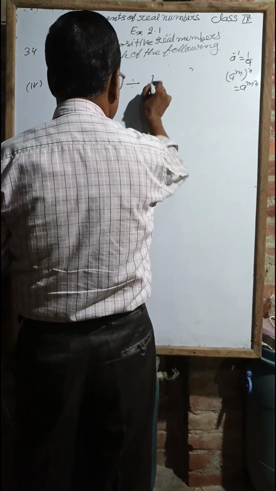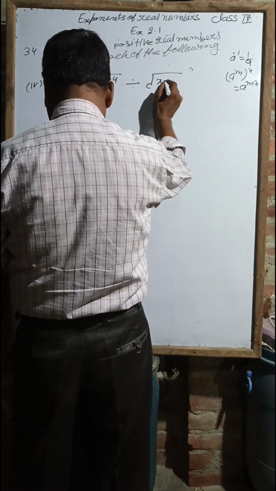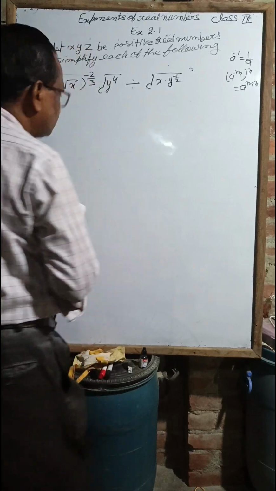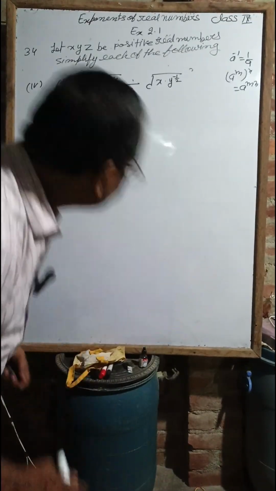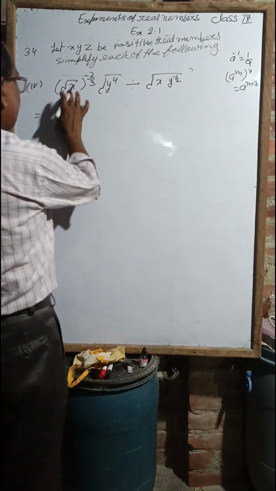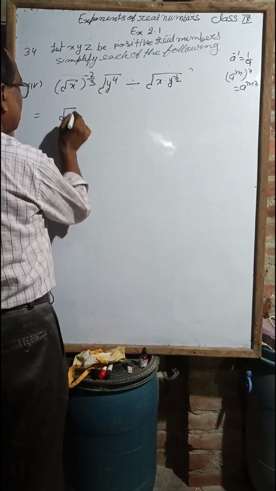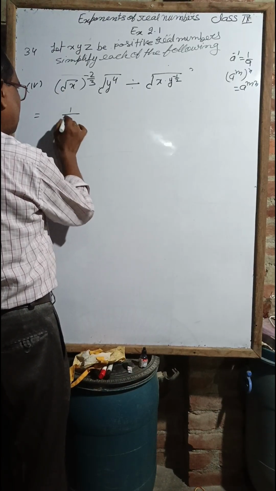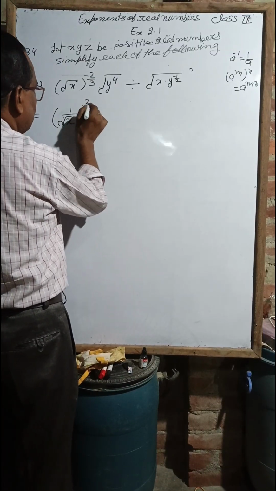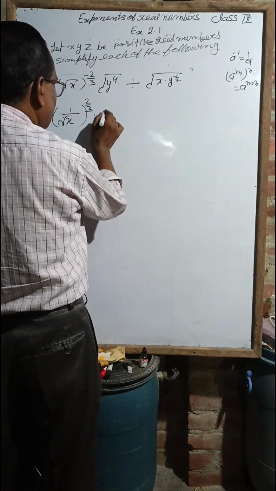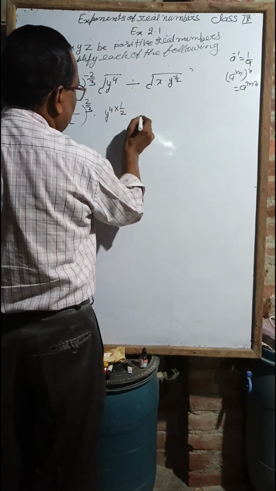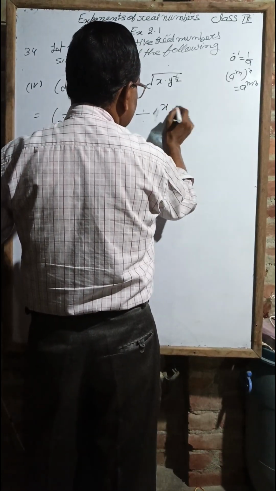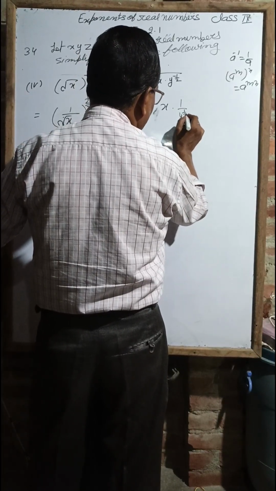Next part. Square root of x to the power minus 2 over 3 times y, square root of y to the power 4, divided by square root of x times y raised to the power minus 1 upon 2.